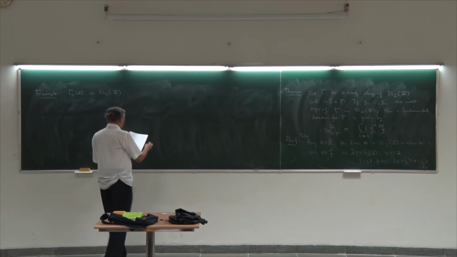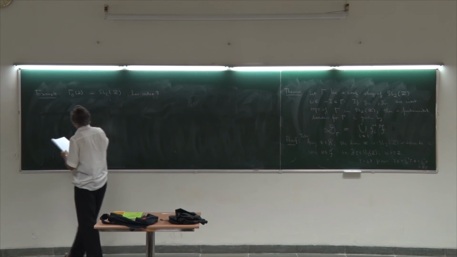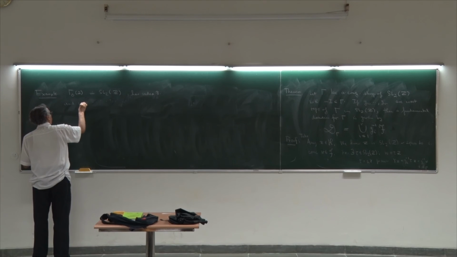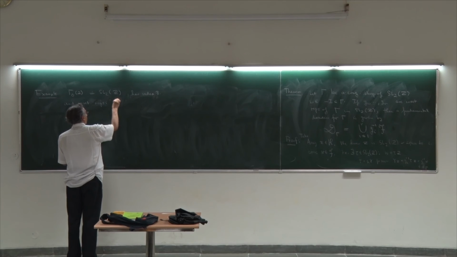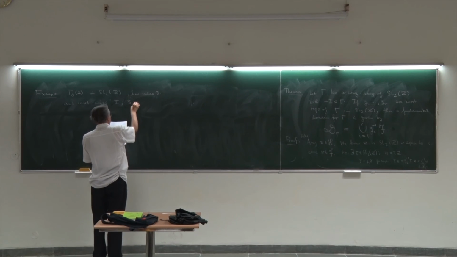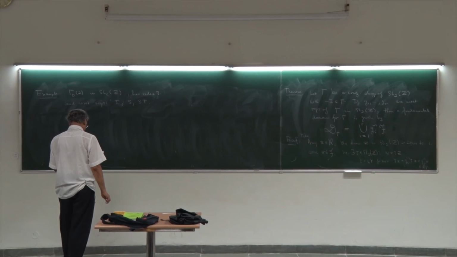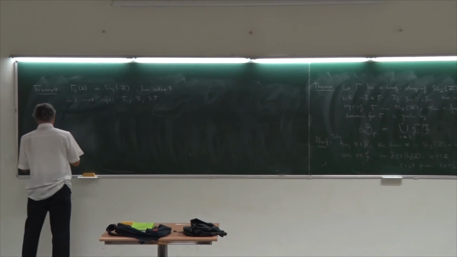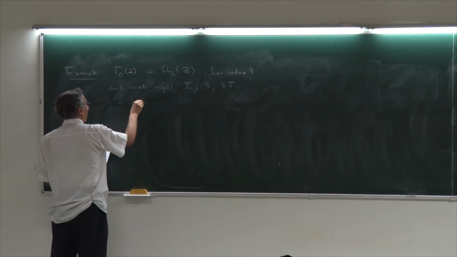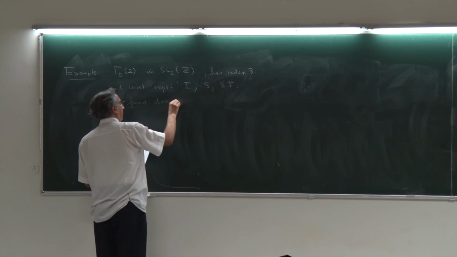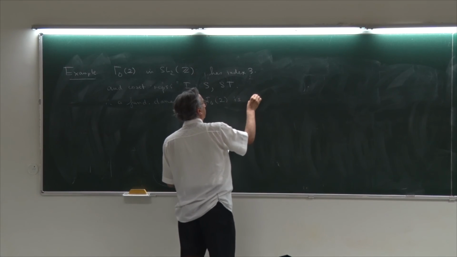So we need 3 coset representatives: identity, S, and ST. Okay, so therefore a fundamental domain for gamma naught of 2 is given by these.